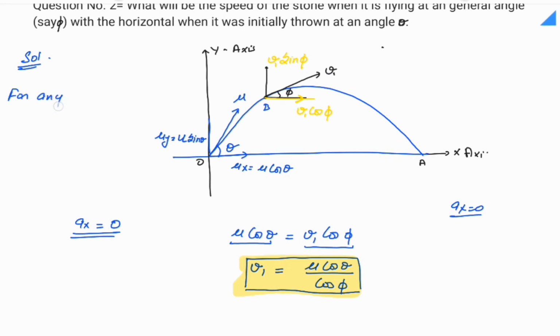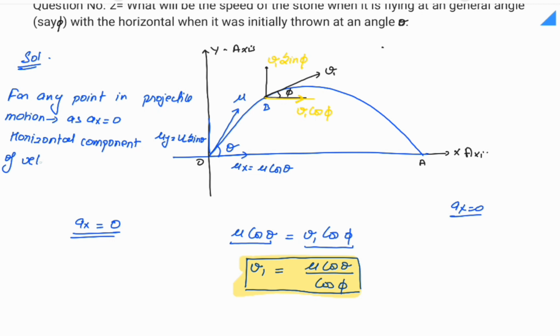For any point in projectile motion, or any point in the projectile trajectory, as a x is 0, the horizontal component of velocity will be the same.